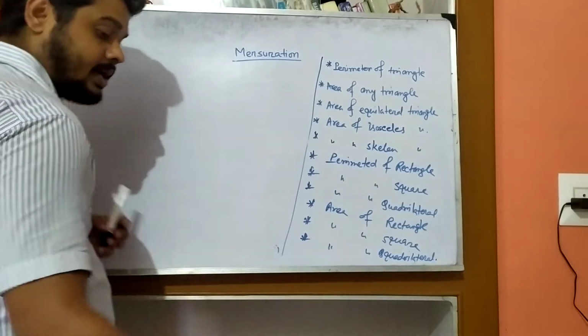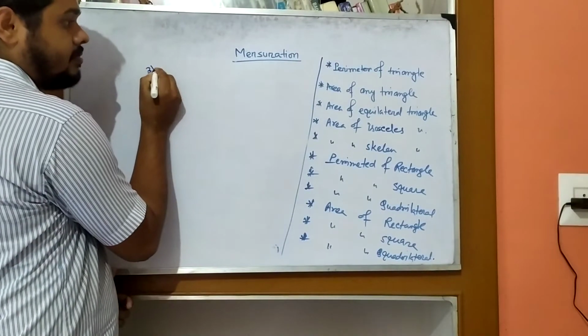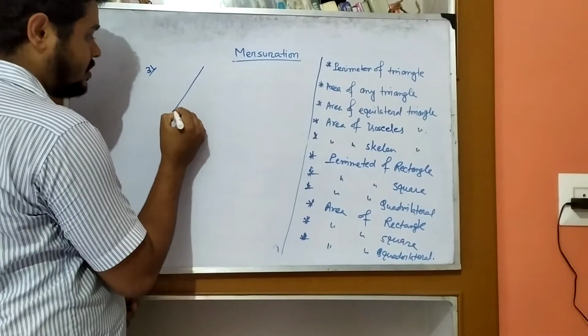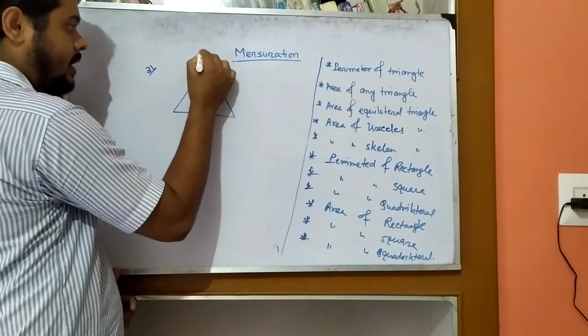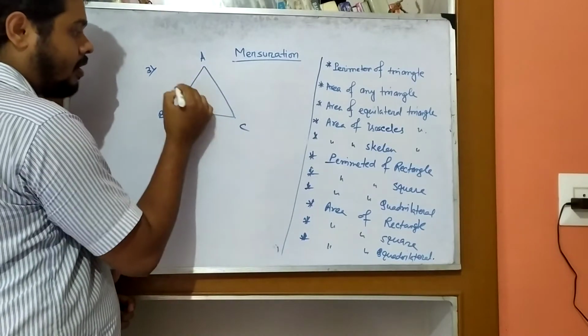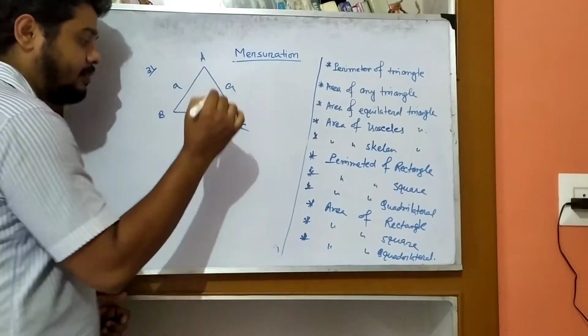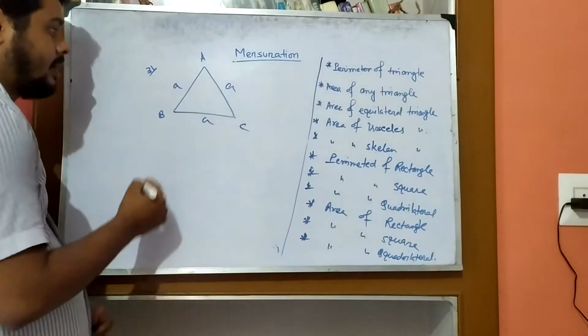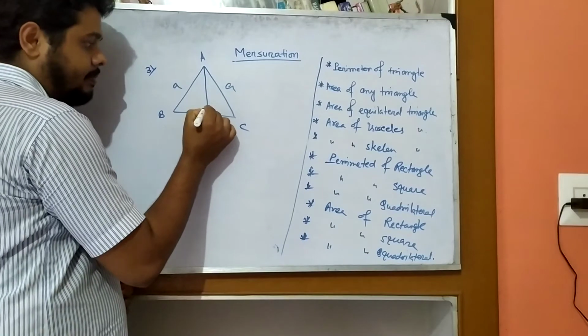Okay. Now we are coming to the area of equilateral triangle. Suppose this is an equilateral triangle ABC, where all the sides are A unit each, and AD is the perpendicular here.